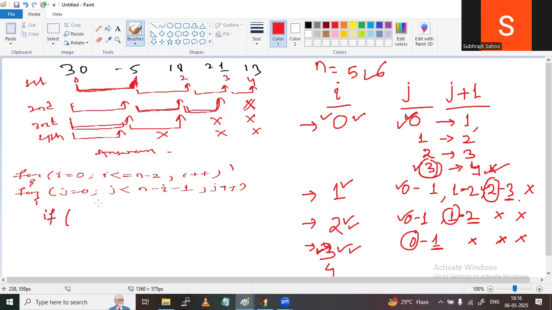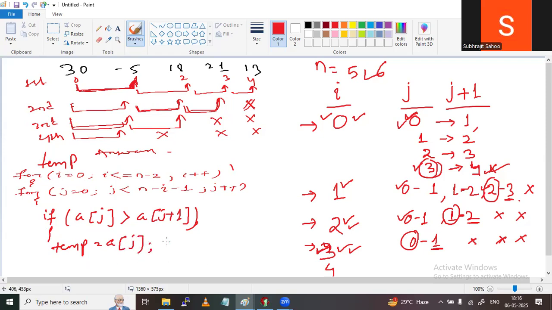if a of j is greater than a of j plus 1, then bracket start, you have to swap using a temporary variable. You take one variable temp here, you write temp equal to a of j.